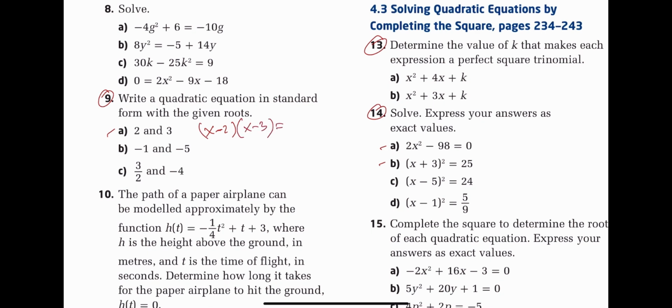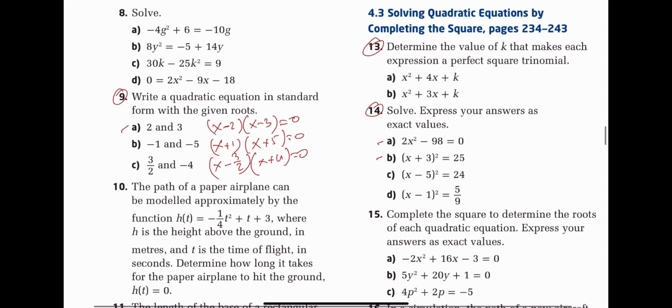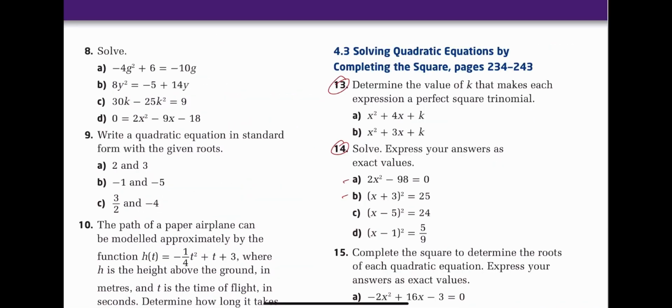These are your two roots, so you can go directly to your equation. The other one is x plus 1 times x plus 5 equals 0. Same thing, the third one is x minus 3 over 2 times x plus 4 equals 0. Nothing special here.